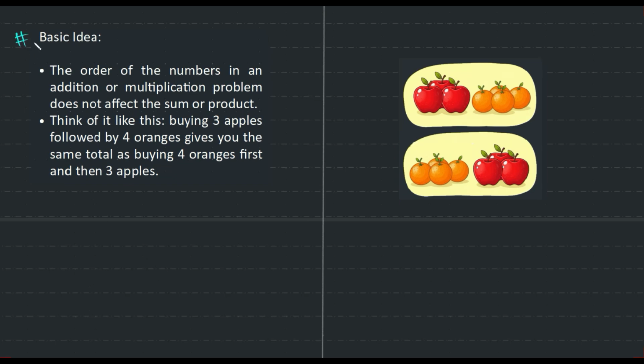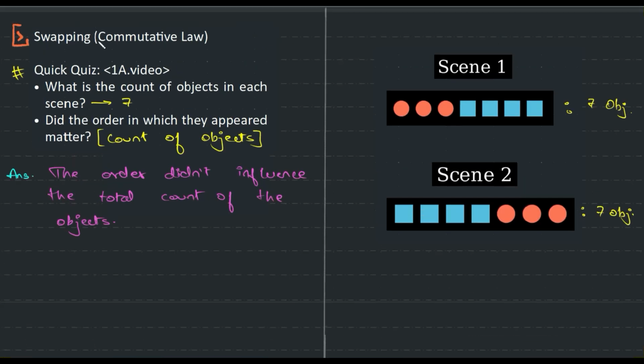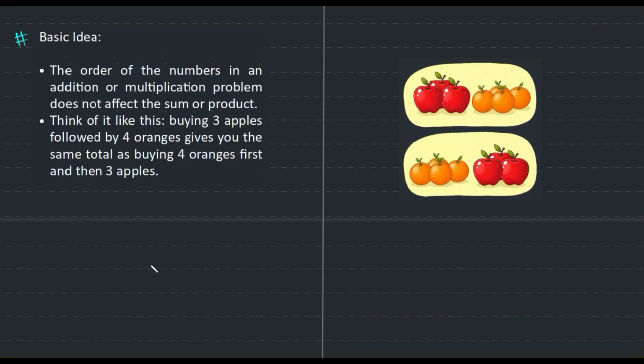Let's look at the basic idea of what we are learning. So the heading, I missed the heading. The heading is to do with something called the commutative law, that is swapping. So this video is to do with the commutative law. Commute, do you guys know the meaning of commute?